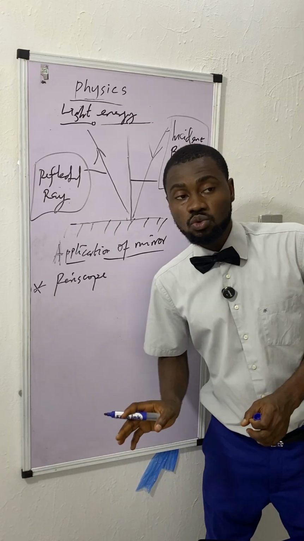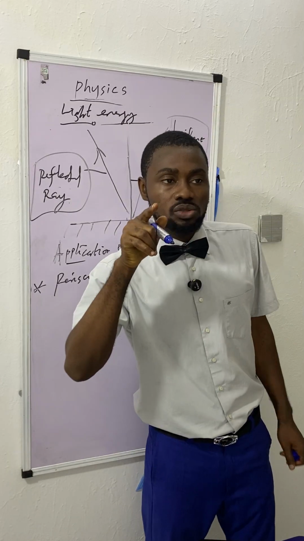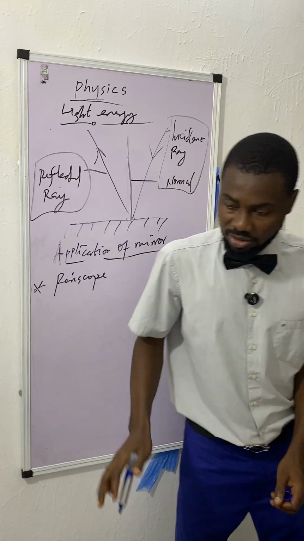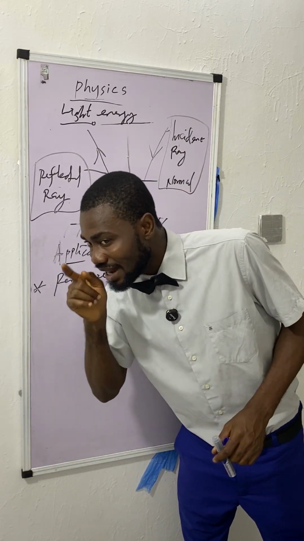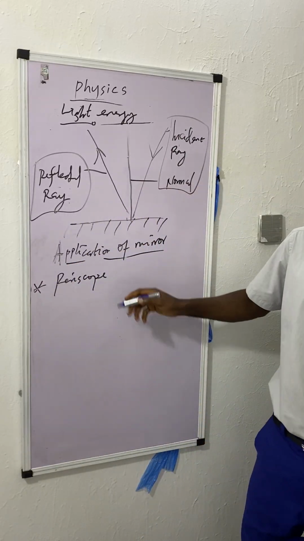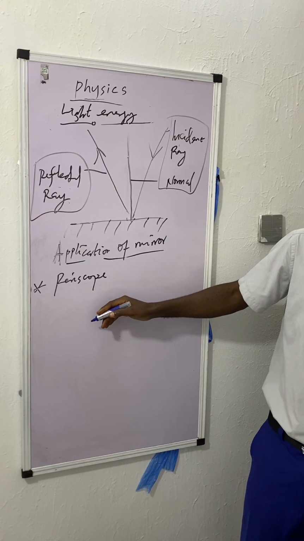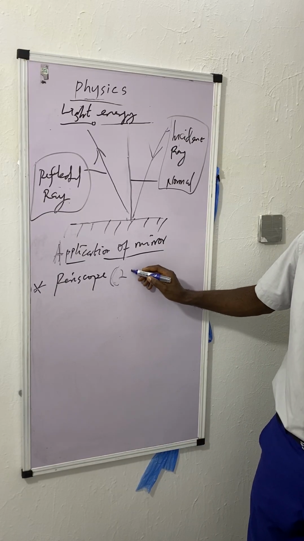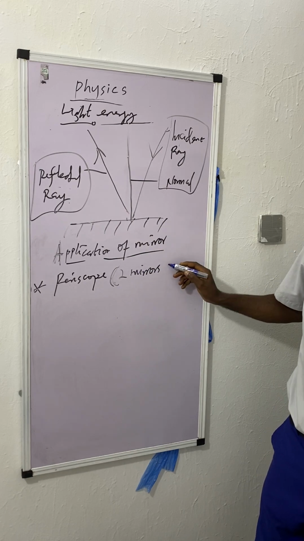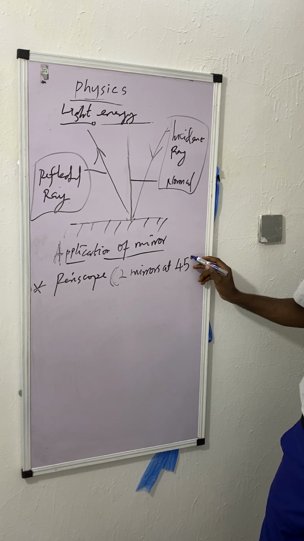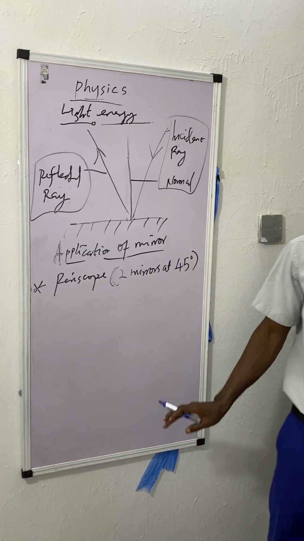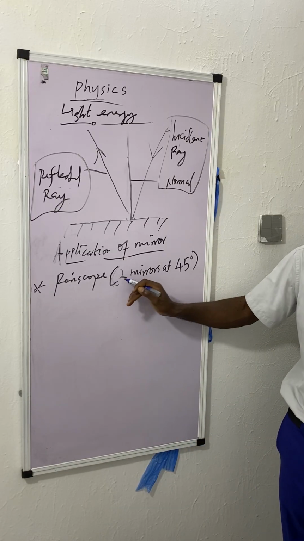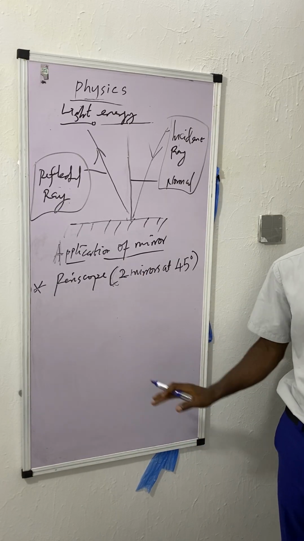This is an instrument used to view an enclosed place that is bent. You use a periscope. And a periscope consists of two mirrors at angle 45, used to view obstacles in a bent area.